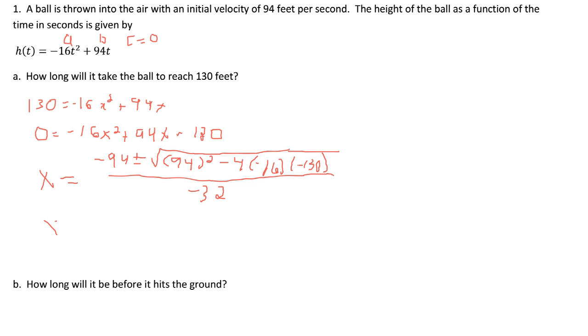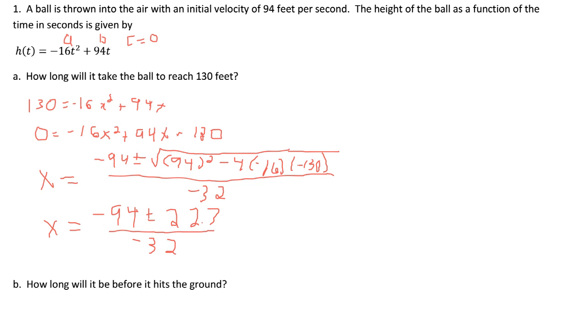So x is negative 94 plus or minus, and I could go the whole way down with 2 root 129, but I'm just going to round this off, 22.7 all over negative 32.